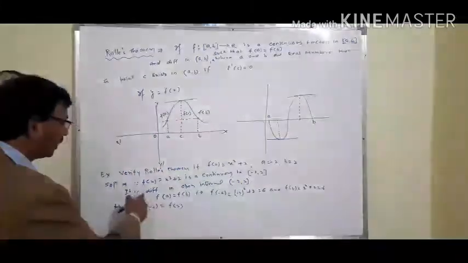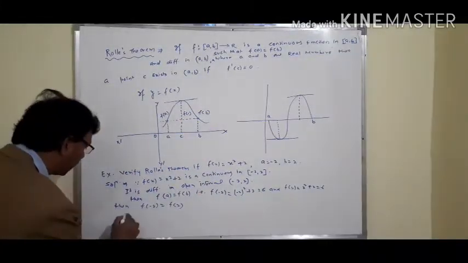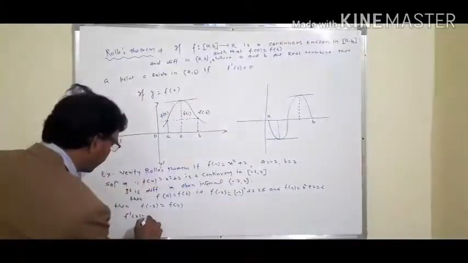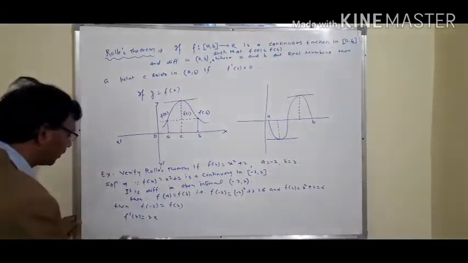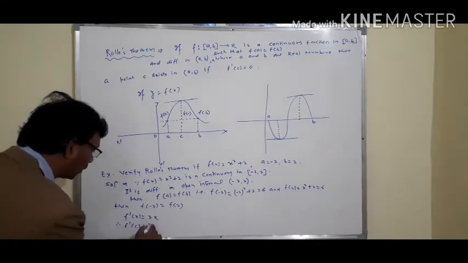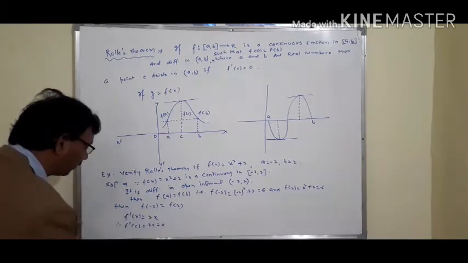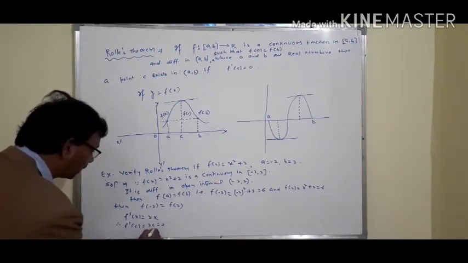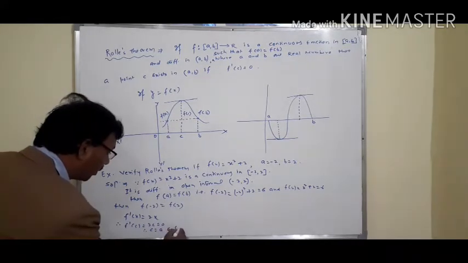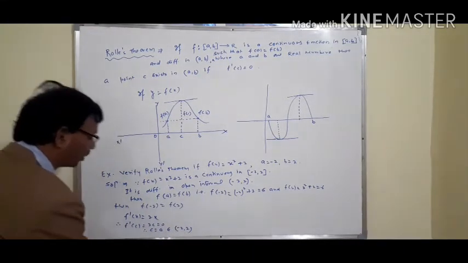First we should find f dash of x, that means f dash of x equal to 2x. Therefore f dash of C equal to 2C equal to 0. Therefore C equal to 0, which lies in open interval -2 to 2.